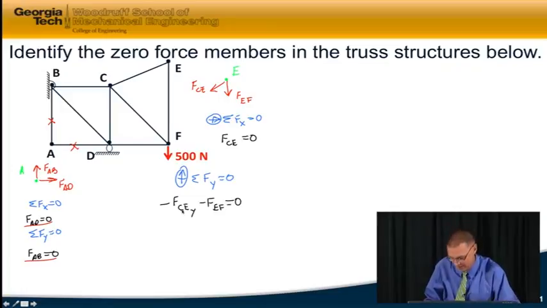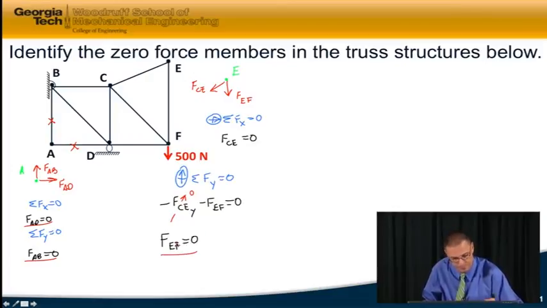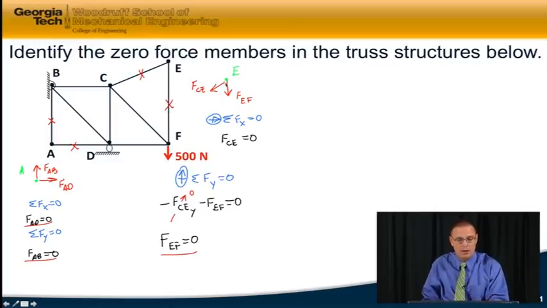But since FCE was found to be 0, FEF itself is also a zero force member. And so two more zero force members. So when I look at a joint like this, in the x direction, I see there's only one force component, FCE, must be equal to 0. By zeroing that out, I see FEF also has to be equal to 0.